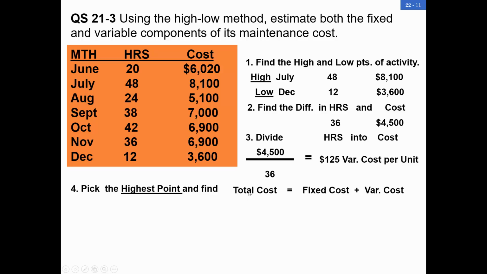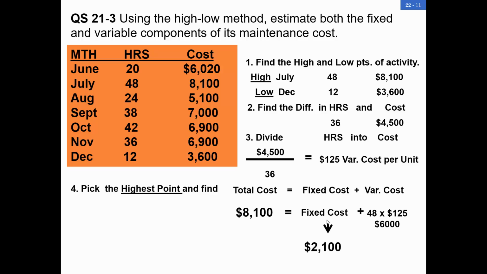So $8,100 is our total, and that equals fixed cost plus 48 hours of activity times 125, our estimated variable cost. So we have $6,000 as our total variable cost, and our total cost was $8,100, so our fixed cost must be the difference, which is $2,100.